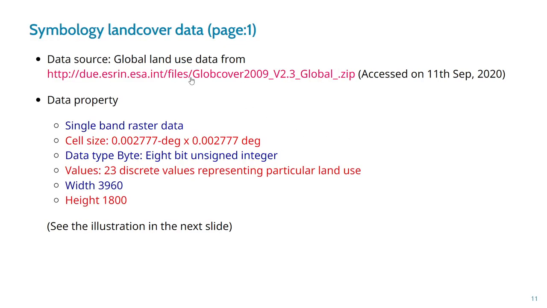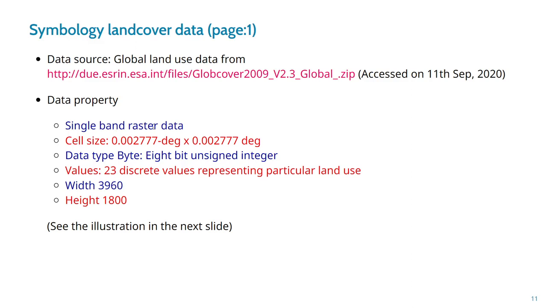This is the original file. It contains the data for the whole world, and I have clipped the data which we saw in the last part. These are the properties of this raster data.